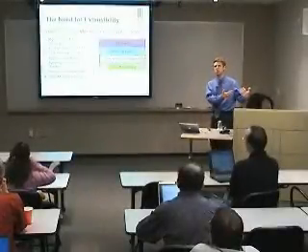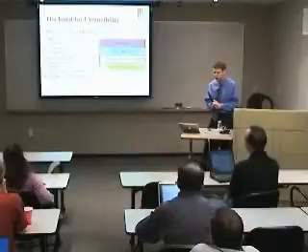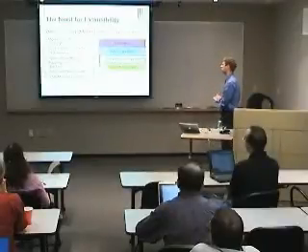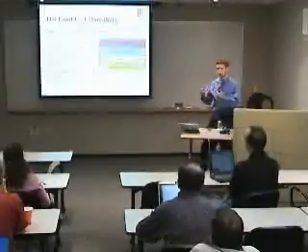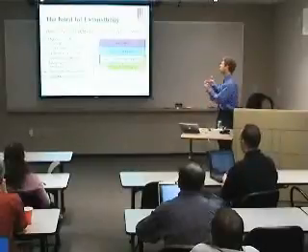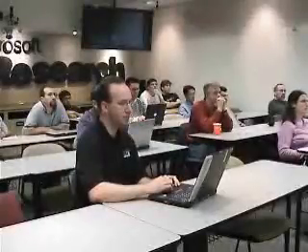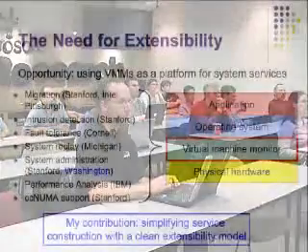Because a virtual machine is so simple, it's pinned to the hardware level of abstraction, it's much easier to extract the state from the system. It's just memory state and disk state and the CPU registers that we need to migrate a virtual machine across the network to a different physical machine.